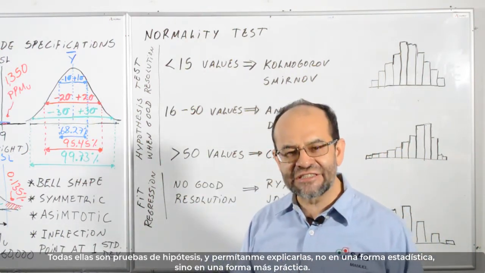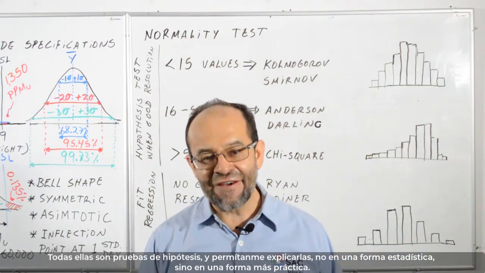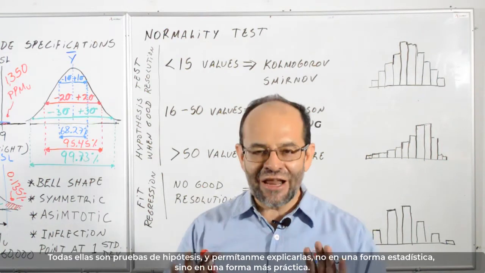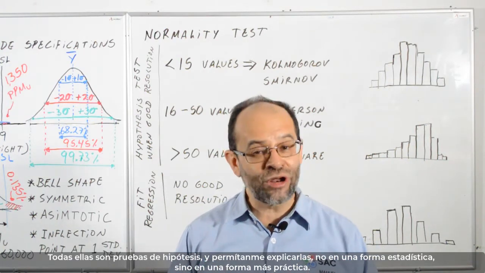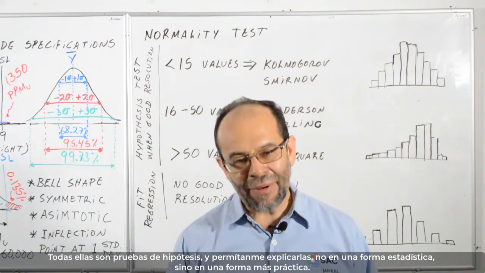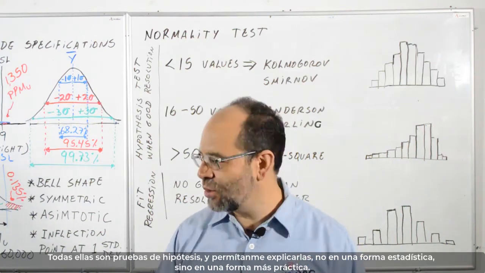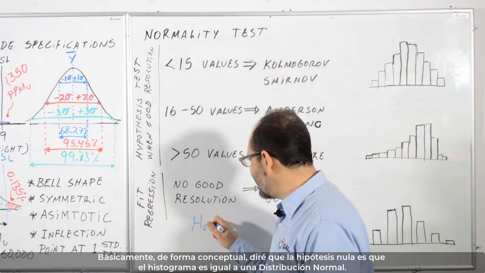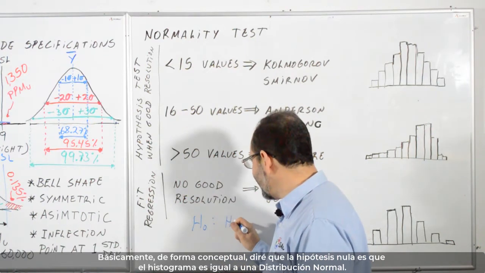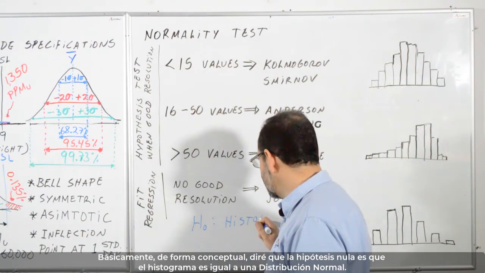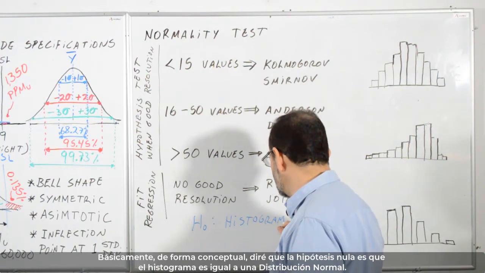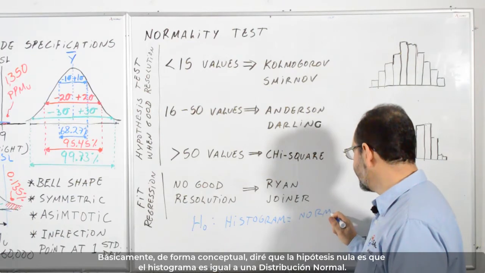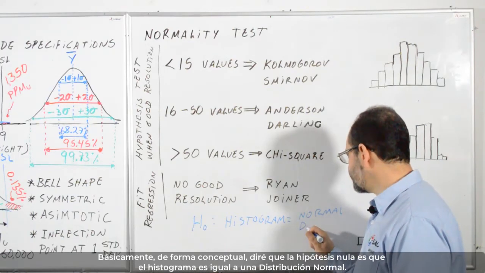Those hypothesis tests evaluate the null hypothesis. Let me put that not in a statistical way, but in a more practical way. Basically, the null hypothesis is that the histogram is equal to a normal distribution, though not exactly, this is just a concept.